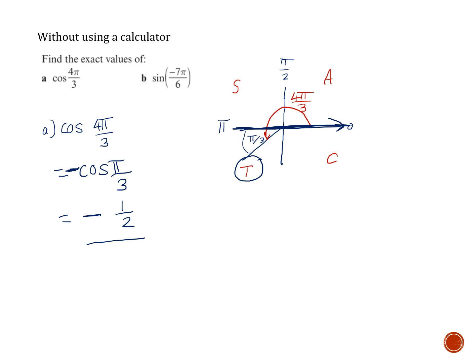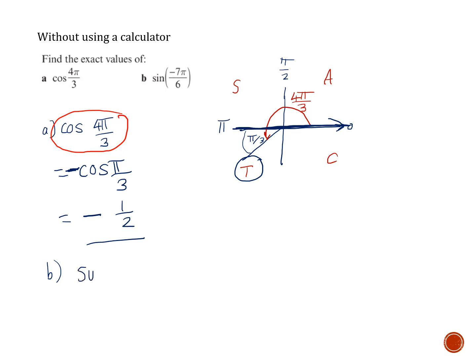If you want to check that you've done your CAST diagrams right, type that into your calculator and it will indeed tell you that it is minus a half. But it's important you understand what we're doing here, because we're going to be doing some of these when we solve trig equations to get subsequent values, when we're working in radians.